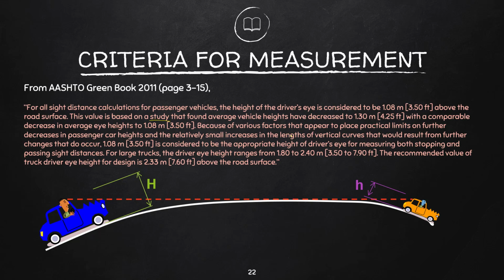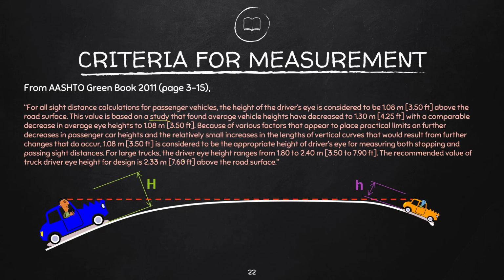Because of various factors that appear to place practical limits on further decreases in passenger car heights, and the relatively small increases in the lengths of vertical curves that would result from further changes that do occur, 1.08 meters or 3.5 feet is considered to be the appropriate height of the driver's eye for measuring both stopping and passing sight distances.